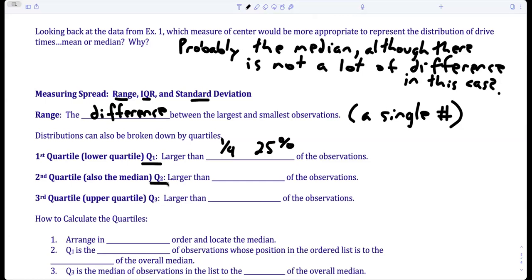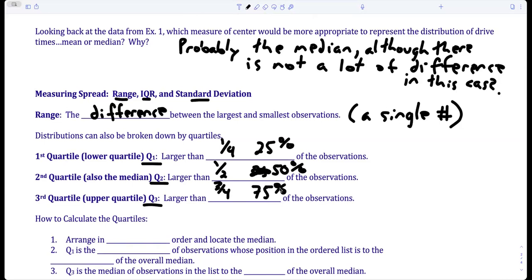And Q2, or the median, is larger than 1/2 or 50% of the observations. And the third quartile, the upper quartile, Q3, it is larger than 3/4 or 75% of the observations.